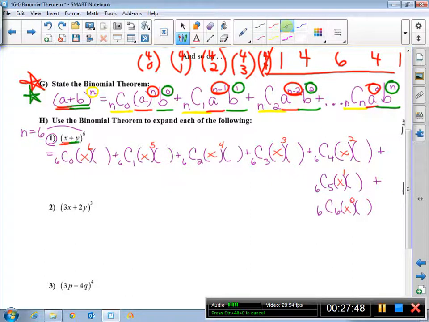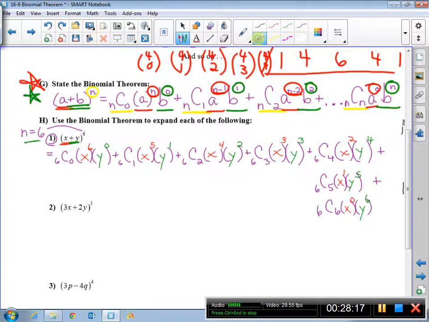That's a positive y, so it's going to be y all the way down. And that exponent starts at 0 and goes up. And remember, my exponents should always add up to 6, because that's my n value.